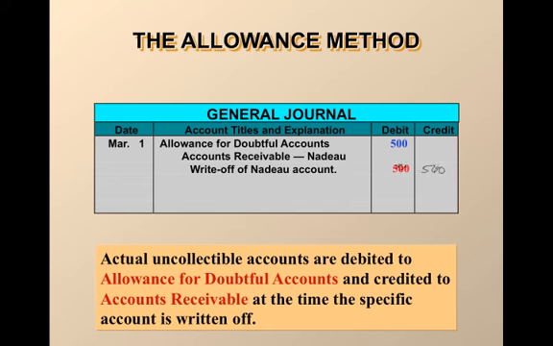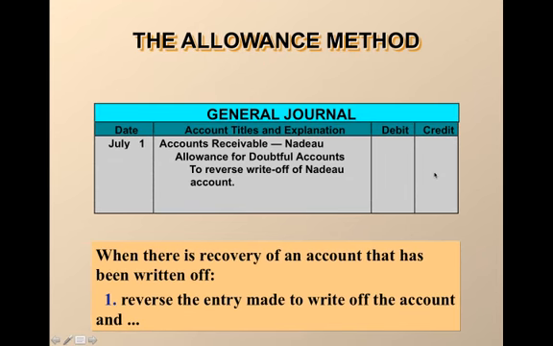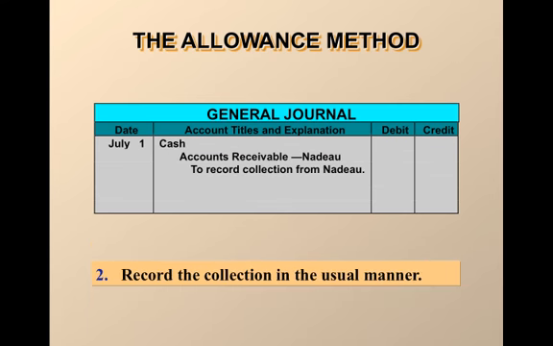Well, here we're going to find out this customer is paying us, and so we're going to do the opposite. We're debiting accounts receivable back to put the account back in place, crediting allowance for doubtful accounts so we can keep track of what happened, and then we're going to record the cash that we got from them. So we're going to debit the cash and then credit that account again. Okay, so we're going to record this collection in the usual manner that we would have always done.